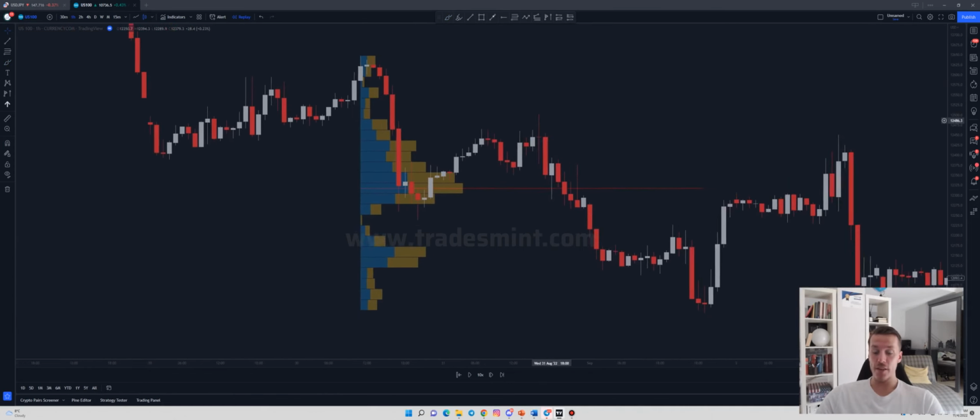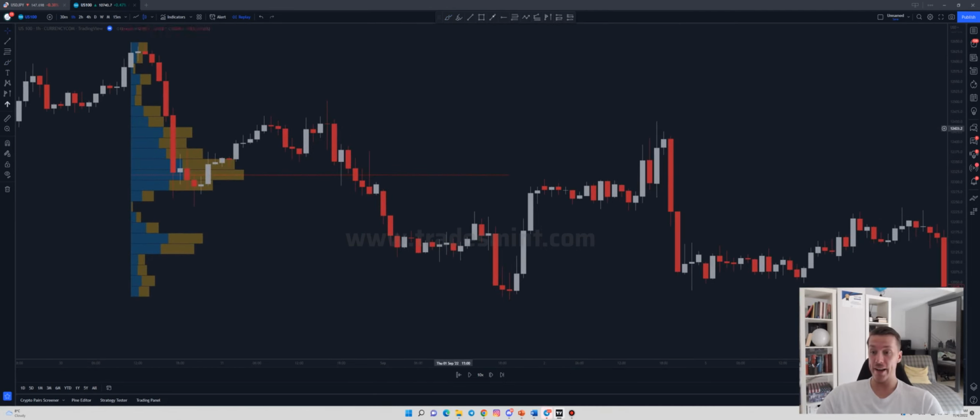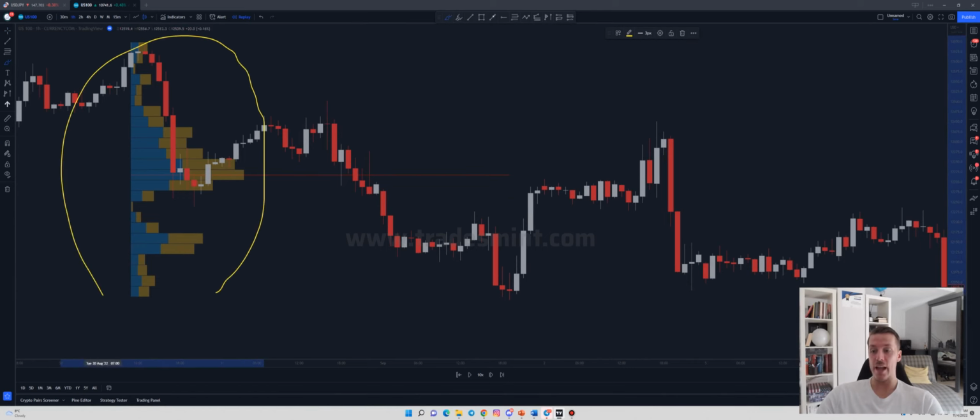Basically, when you have a big spike, then you have a die down, a fall in volume, and then you have another big spike. So not only the biggest spike is important, the second to biggest and the third to biggest spikes are important. So you should pay attention not just to the biggest spike, but to the whole indicator as well.